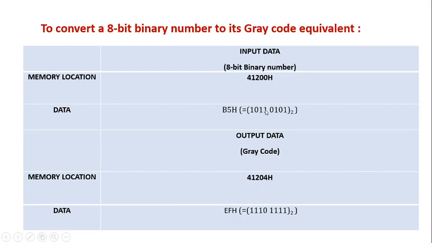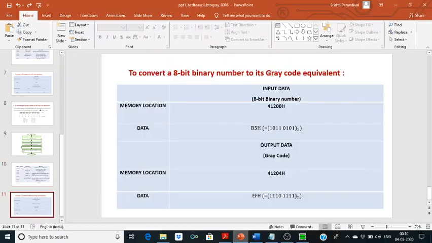Then 1 1 similar, so 0. Then 1 0 dissimilar, 1. Then 0 1 dissimilar, 1. 1 0 again dissimilar bits, 1, and 0 1 dissimilar, 1. So in this way we are getting the result. So let's move to the execution part.